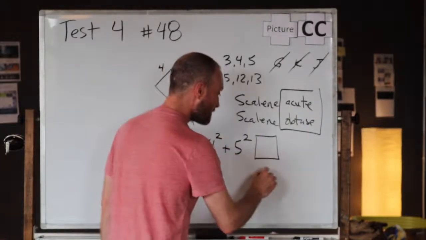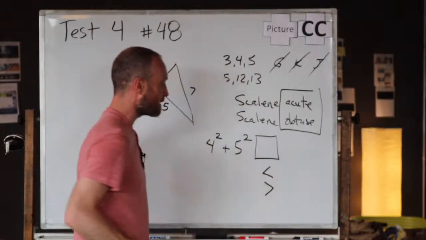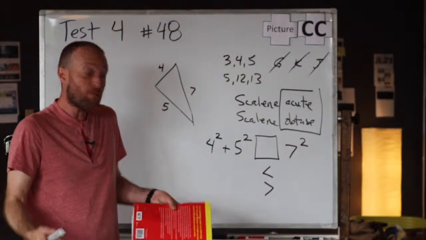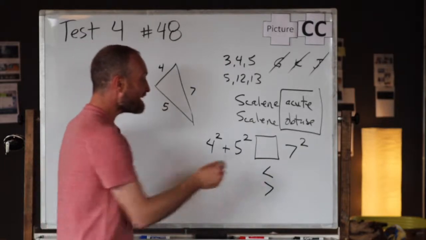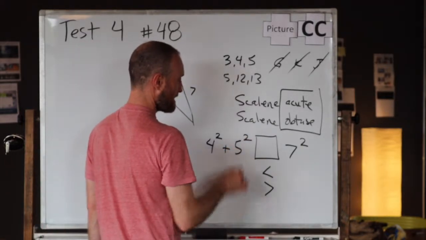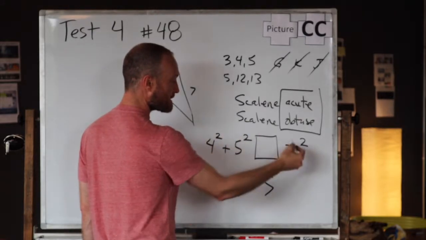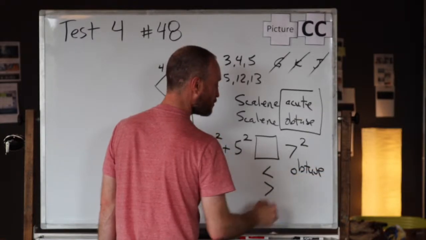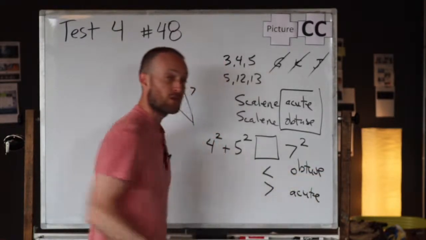But it's going to be either greater than or less than, versus 7 squared. So we need to see, when we fill this in, which one of these it is. If the sum of these two is less than that, then it's going to be obtuse.